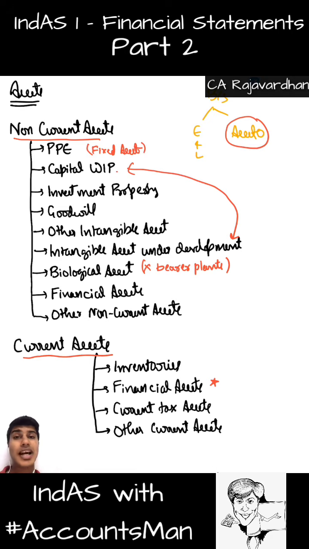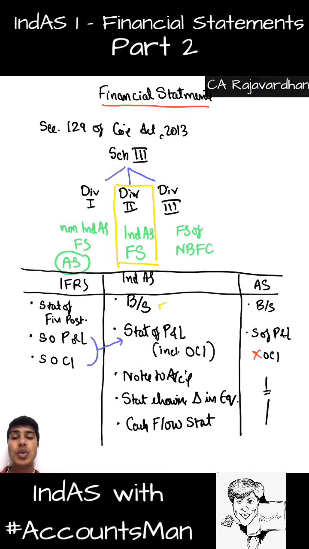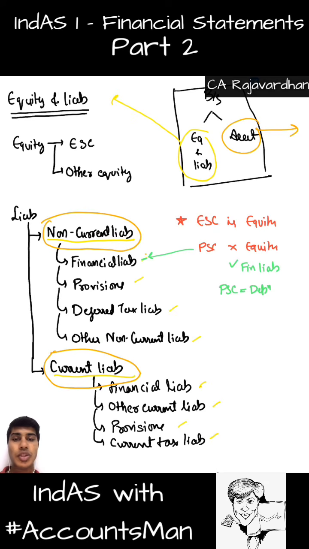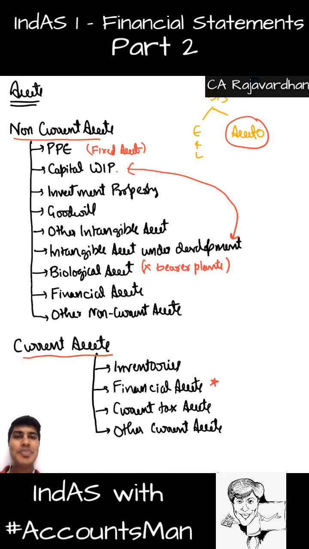So this is with regard to the balance sheet format given under Division 2 of Schedule 3, Section 129 of Companies Act 2013. I'll show you the format, so that if you want you can pause it and then copy. So this is the equity and liability side, and this is the asset side.